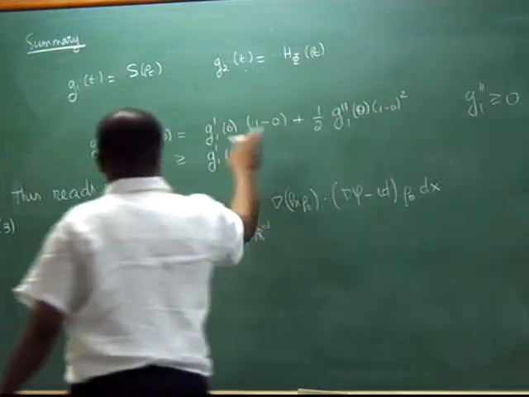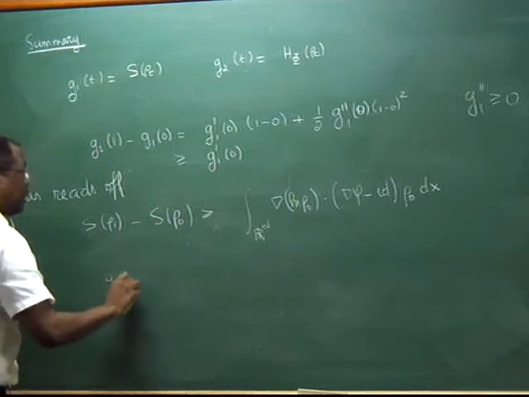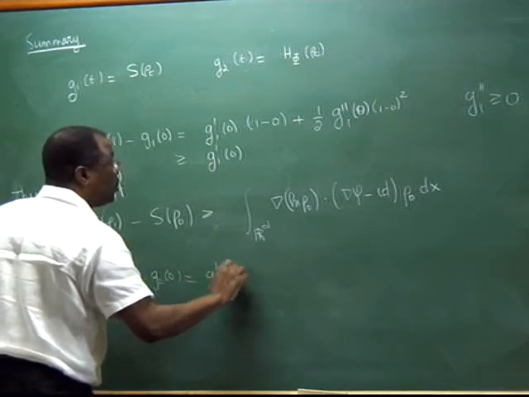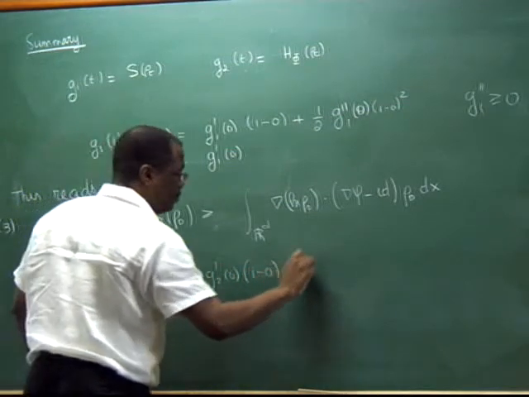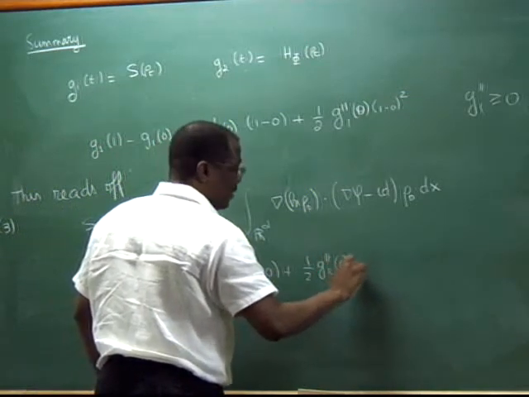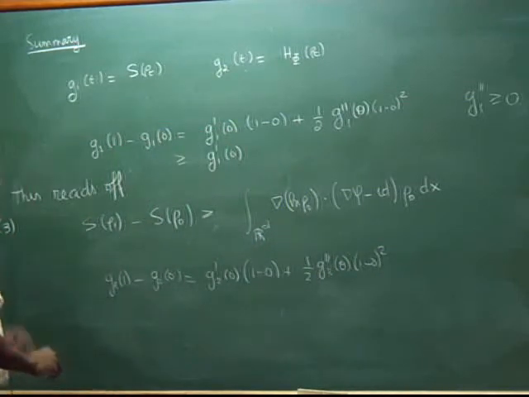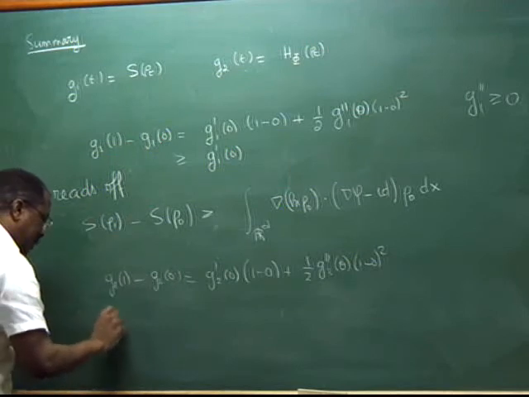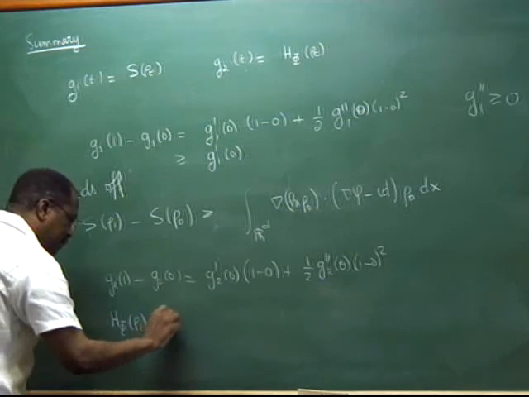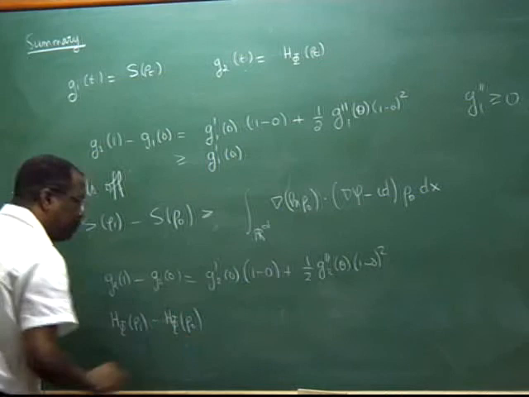Now, I do the same thing for G2. G2 of 1 minus G2 of 0 is G2 prime of 0 times (1 minus 0), plus 1/2 G2 second of theta times (1 minus 0) squared. G2 of 1 is H phi of rho 1, so I subtract from that H phi of rho naught.